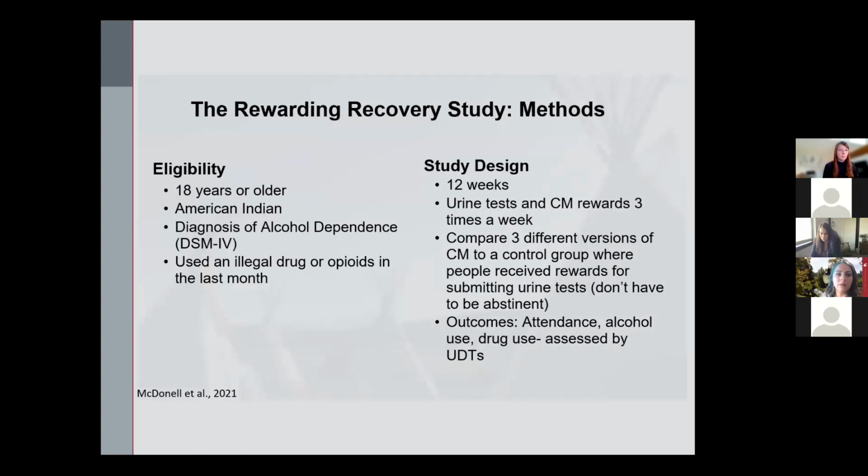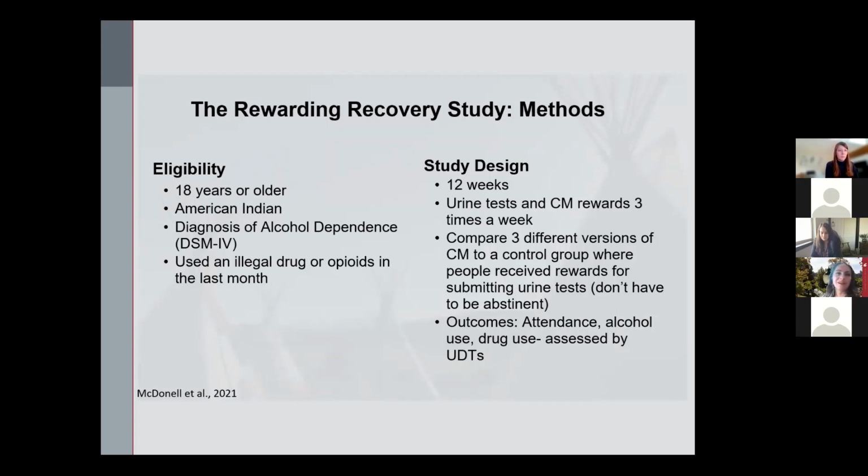So for the methods, eligibility included being 18 years or older, self-identifying as Native, having an alcohol dependence diagnosis based upon the DSM-4, and having used an illegal substance in the last month. And then the study design: relatives were in the study for 12 weeks, and urine tests and CM rewards were provided 3 times a week.